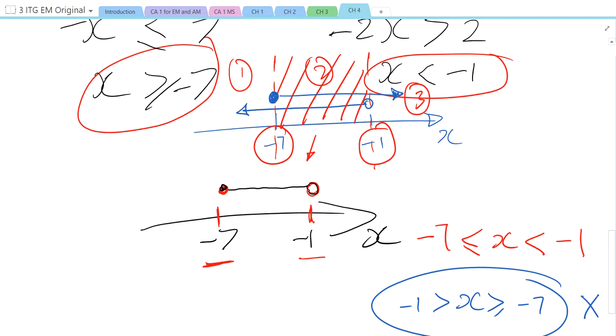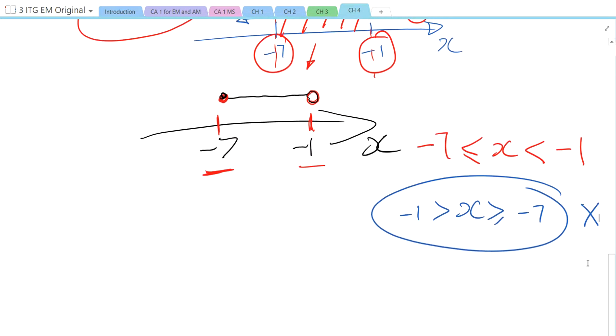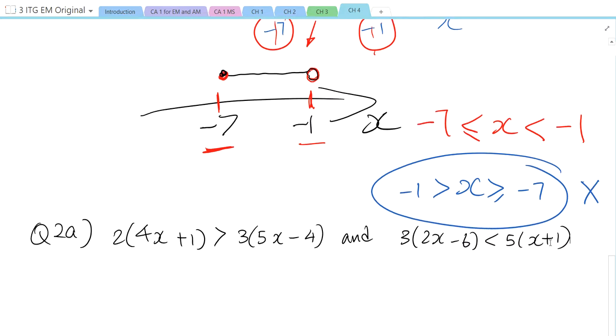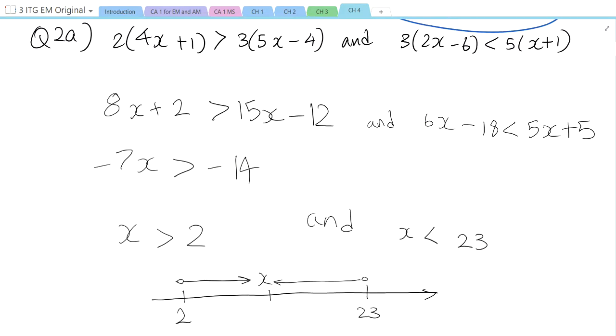Okay? So now question 2A. What do you think for 2A?